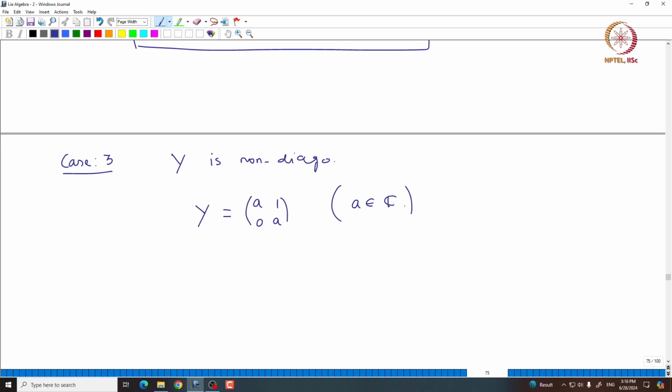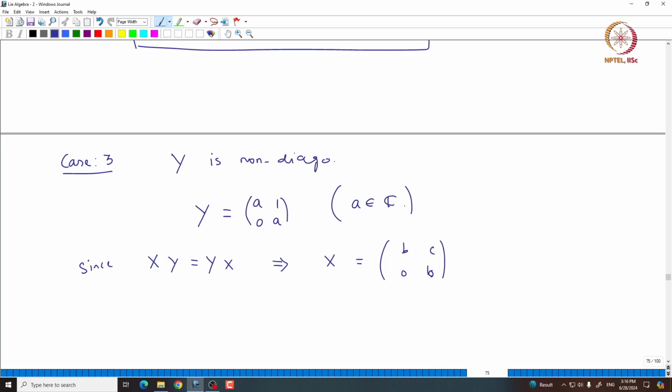Now in this case, I will leave it to you to check that whenever x and y commute, then x also has a particular form. Okay. Since x and y commute, if you write x in the form of some C, D, E, F, then you can see that x also will take the form B C 0 B. Okay.